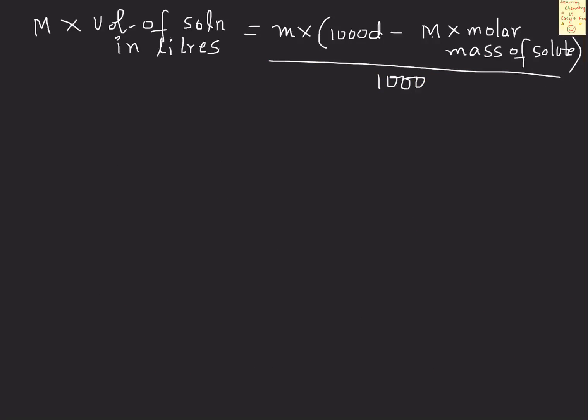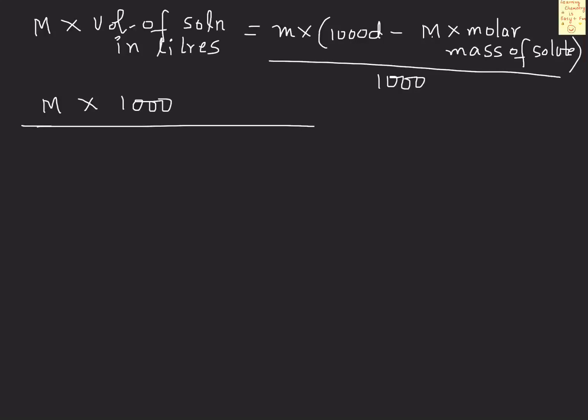Now, because we are talking about molarity, we've got the volume of the solution in liters. We are talking about 1 liter of the solution, right? Because we are taking M molarity. Now, the 1000 comes in the numerator. So, you could easily use this formula or the formula that we are going to write over here.